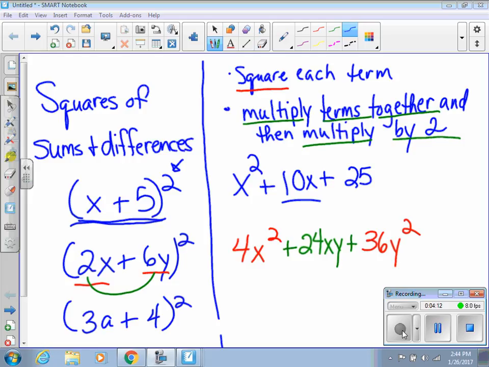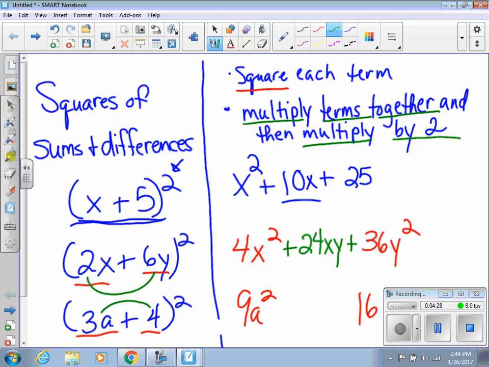All right, so we are going to square this, and then we're going to multiply those together and multiply by 2. So 3 times 4 is 12, times 2 is 24, and we are done.